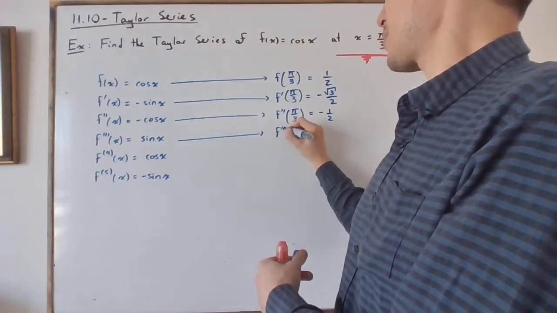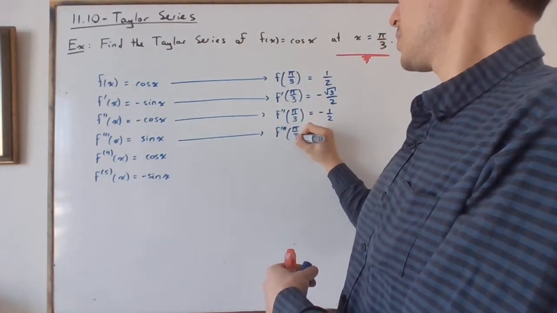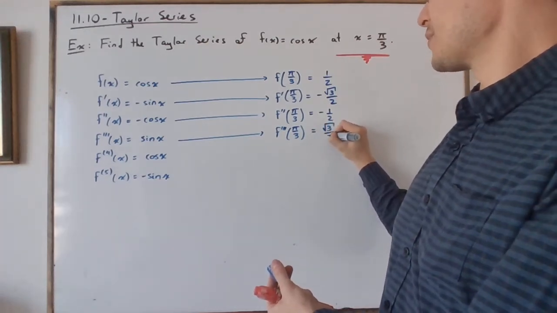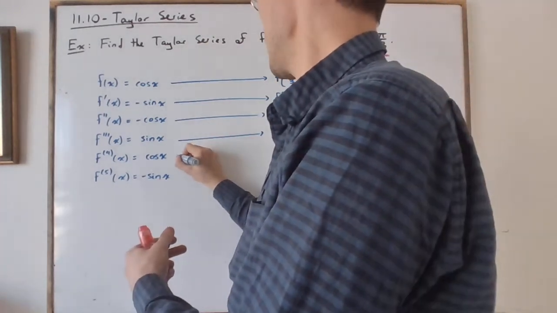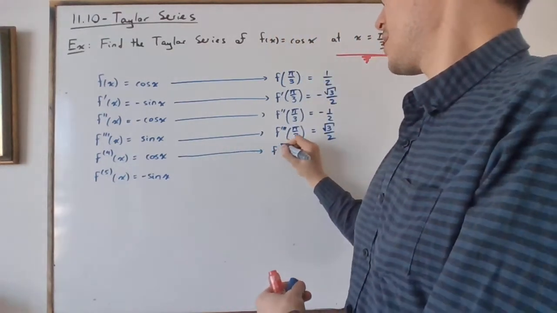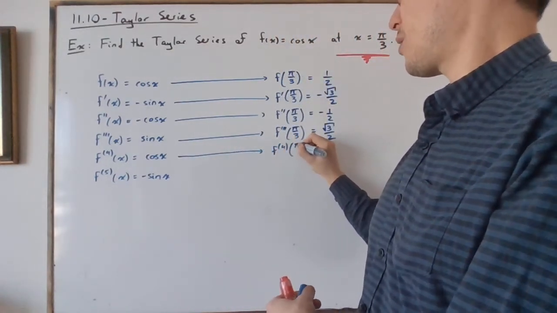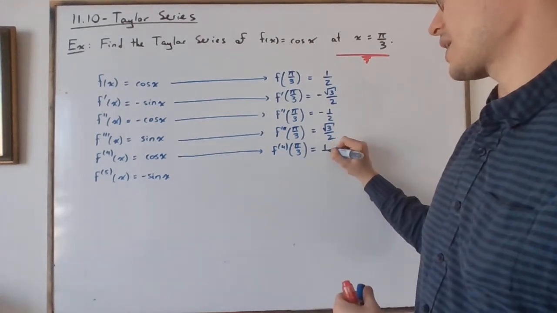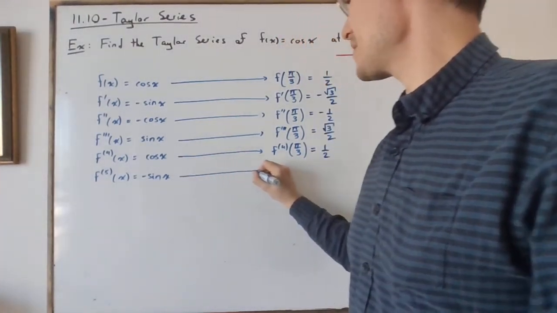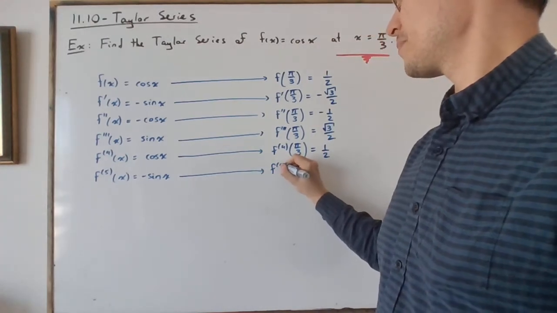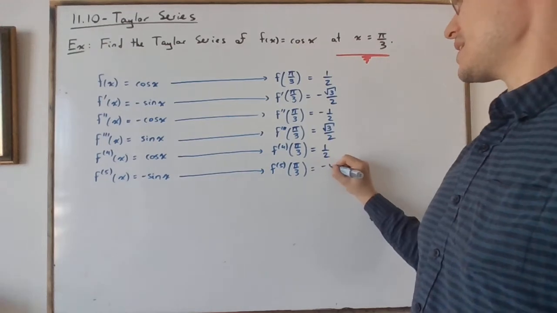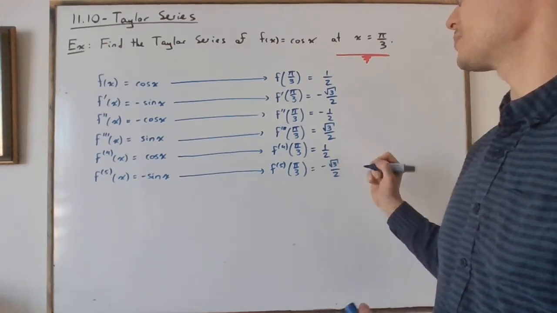Then f triple prime is going to be the positive root 3 over 2. And then the fourth derivative at pi over 3 is going to be, again, 1/2. And the fifth derivative, just to end this up, at pi over 3, is going to be negative root 3 over 2.